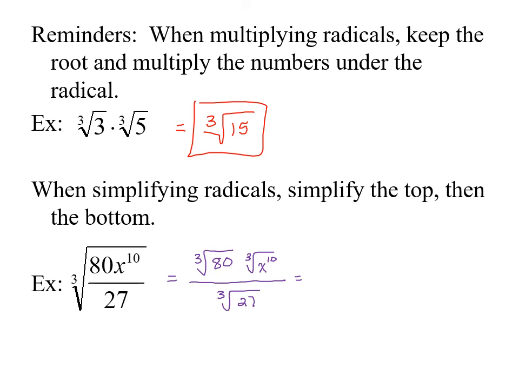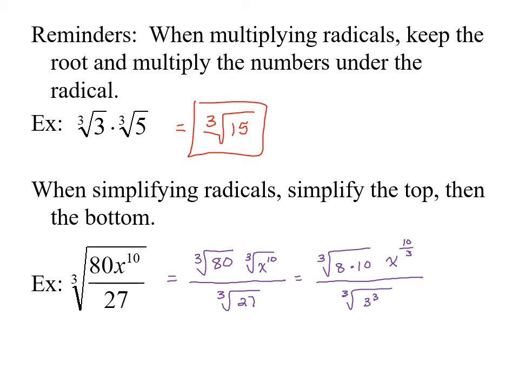80 is not a perfect cube, but 80 is 8 times 10. x to the 10th, I would change to 10 over 3. And the cube root of 27 is the same thing as 3 cubed. 8 is 2 cubed, like we just saw earlier.